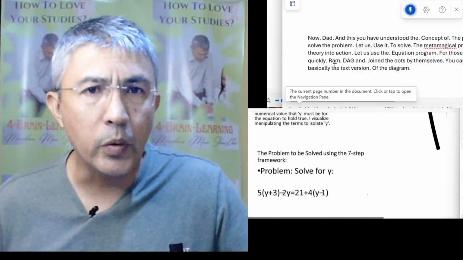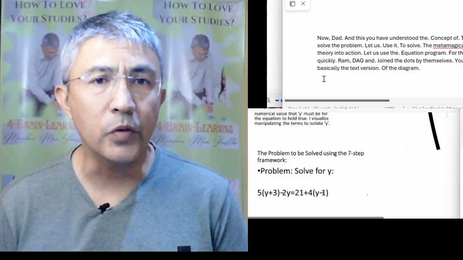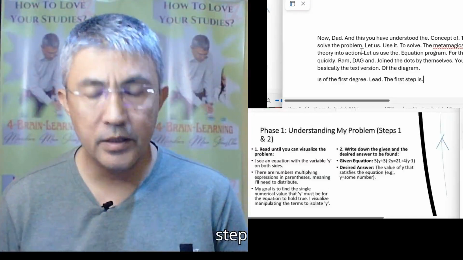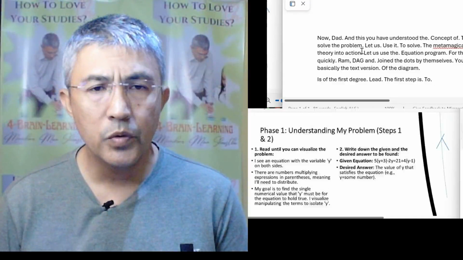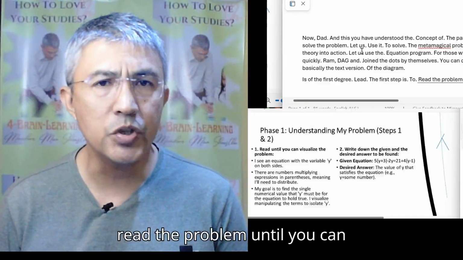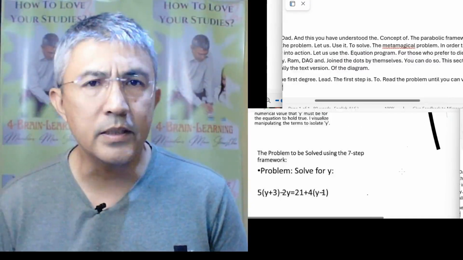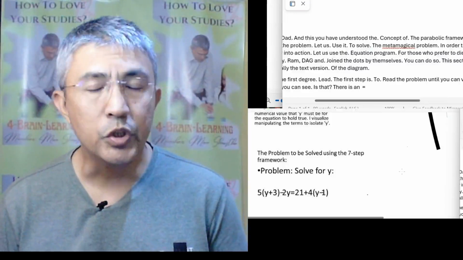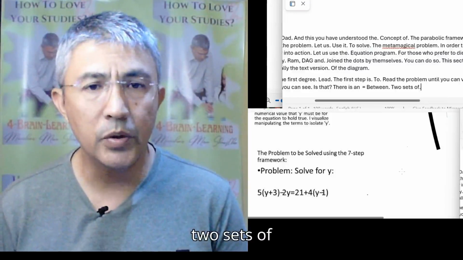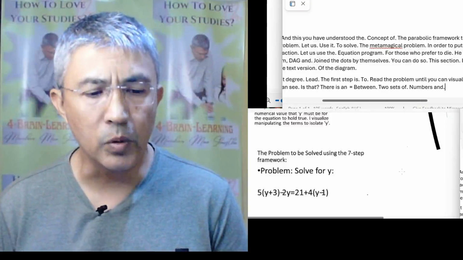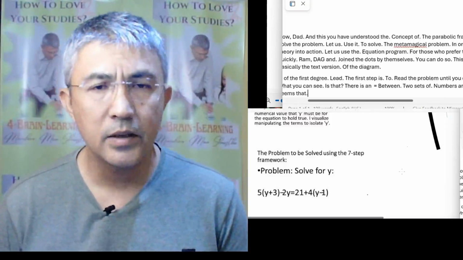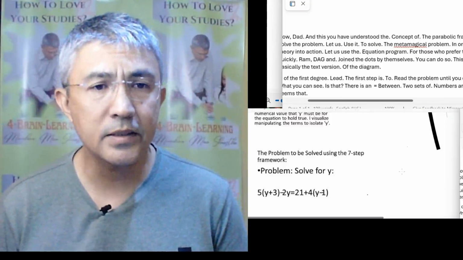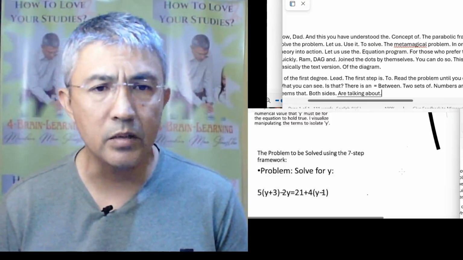So this equation is of the first degree. The first step is to read the problem until you can visualize it. What you can see is that there is an equal sign between two sets of numbers and variables. It seems that both sides are talking about the same variable y.